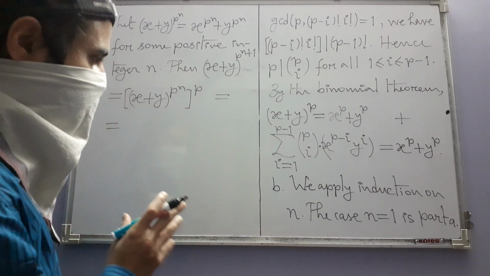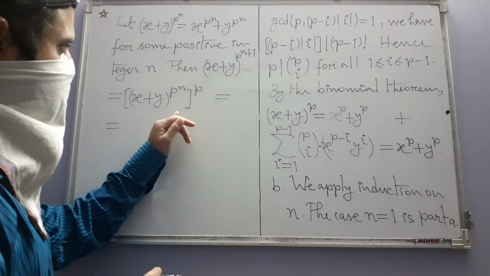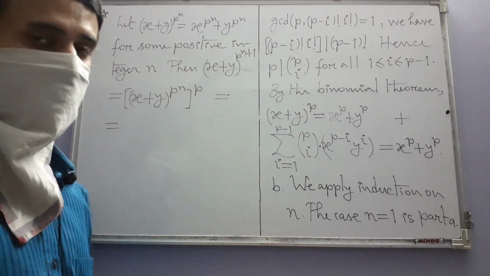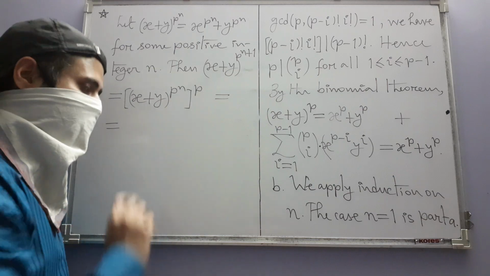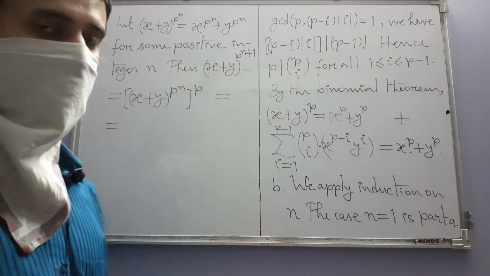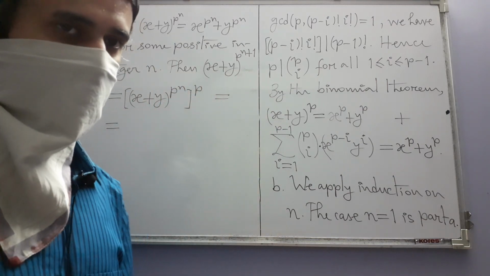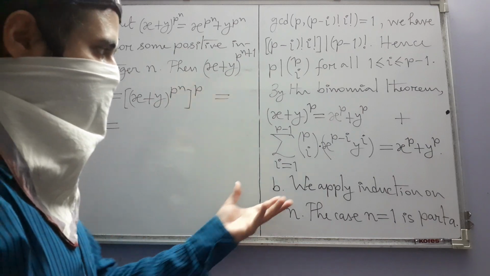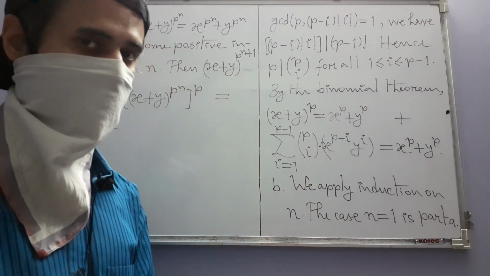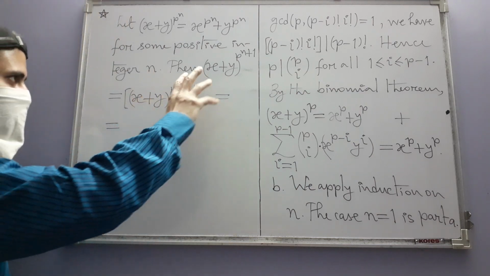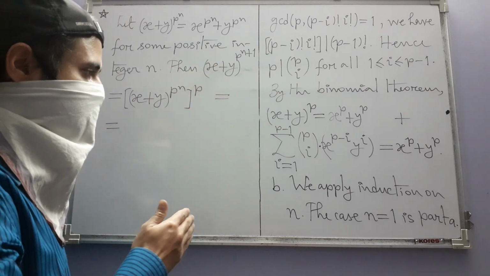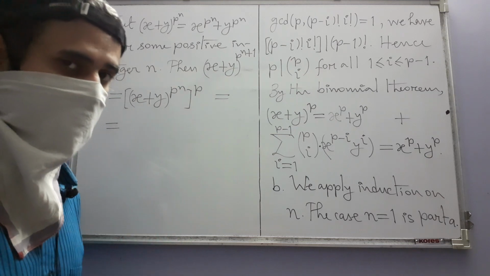Now before I write anything else, let us look at this step carefully. Here also I have used a rule of exponent which looks exactly like that rule of exponent we have in groups. However, the operation that we are dealing with here is the multiplication operation in the ring.